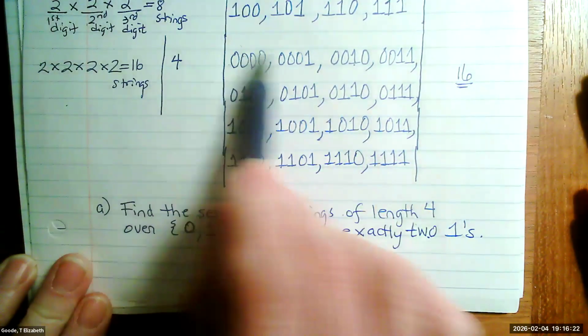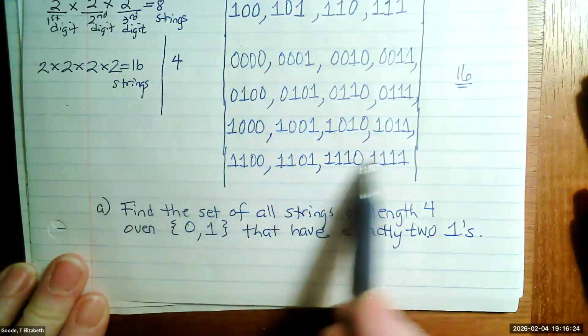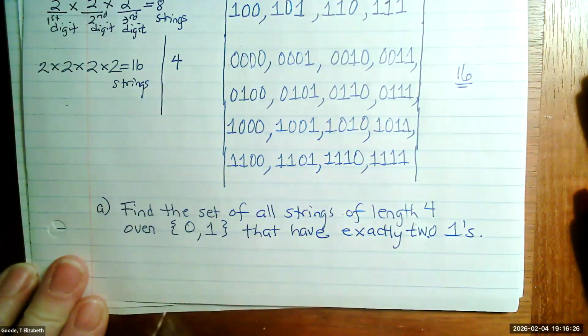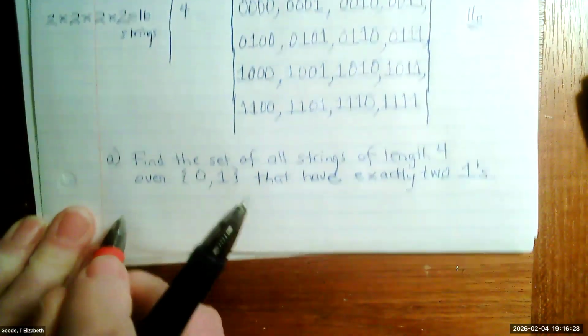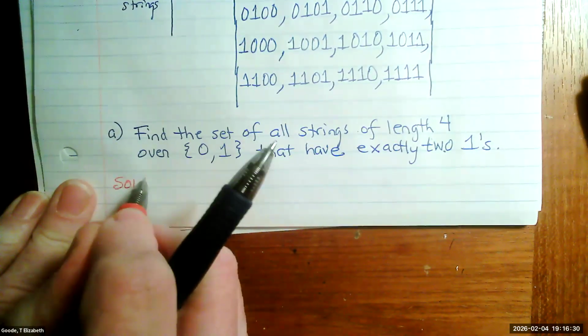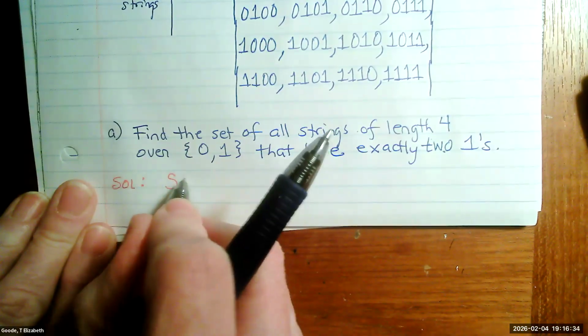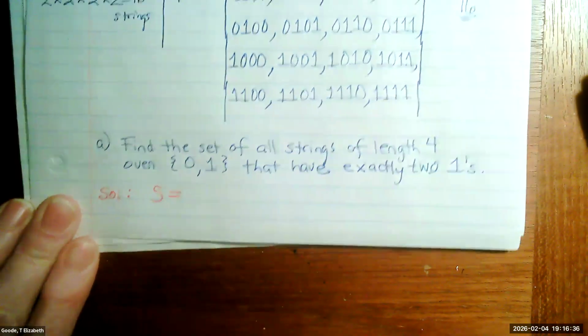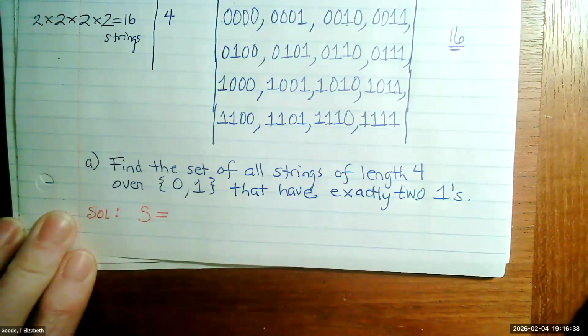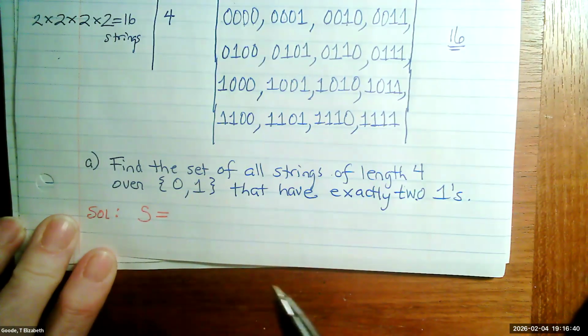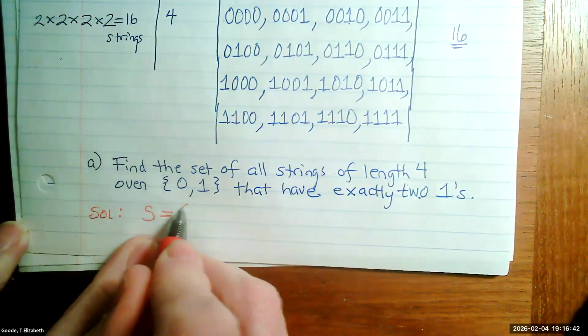So we would look at this set of the 16 strings of length 4 and select all those that have two ones in there. So our answer is going to be, we'll call it a set S for strings.